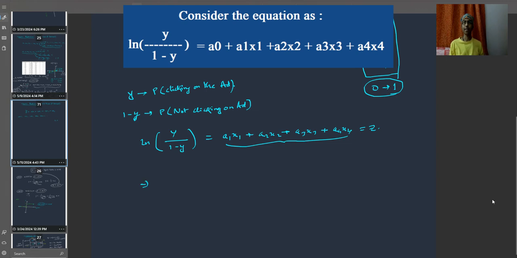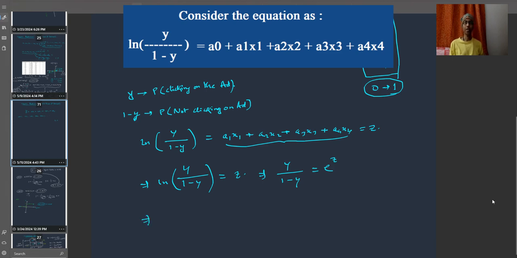This implies that natural log of y divided by 1 minus y is equal to z. This implies y by 1 minus y is equal to e to the power z. Right, friends?